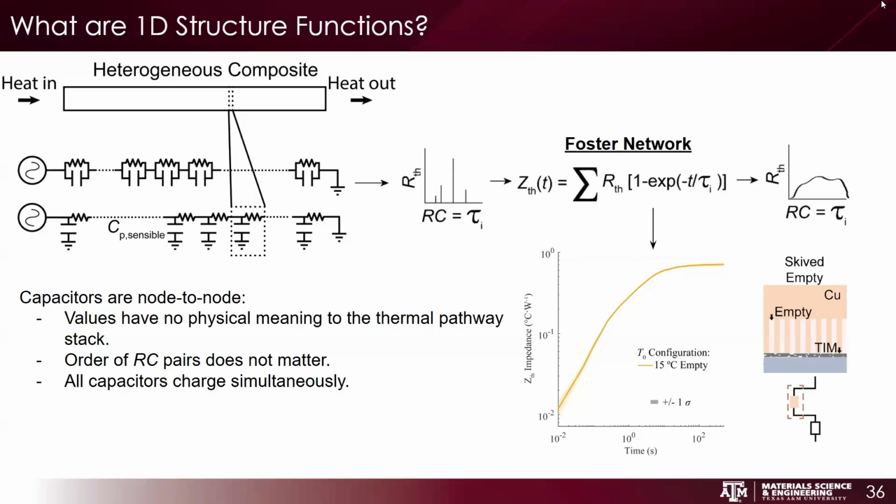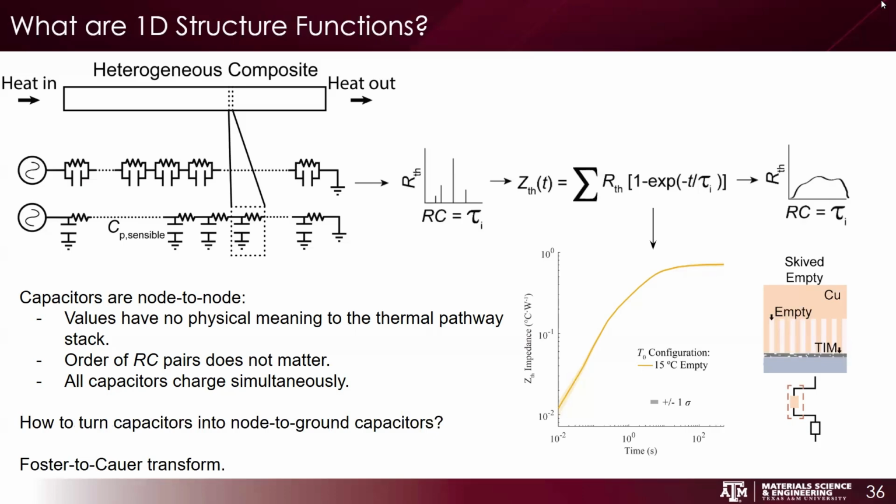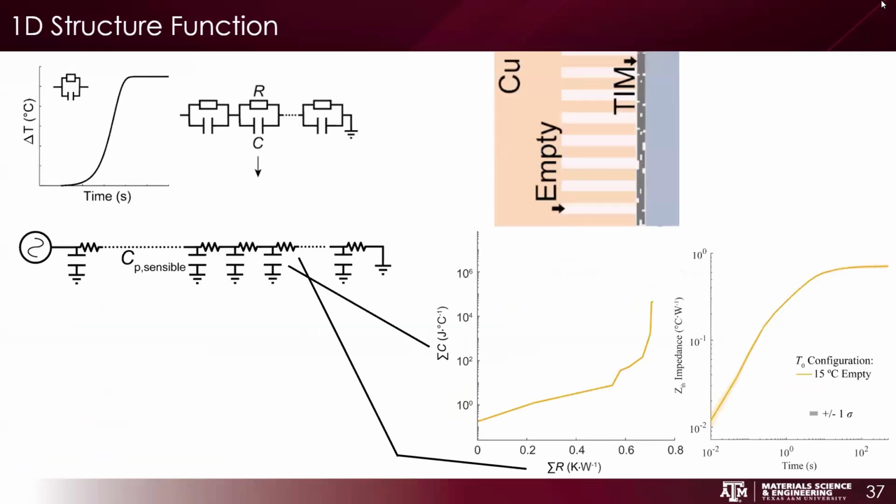And so we're going to do a transform between a node-to-node capacitor and a node-to-ground capacitor. They do a Foster to Cauer transform of the system, doing a numerical manipulation. Once you have node-to-ground capacitors, this would be considered a Cauer network.